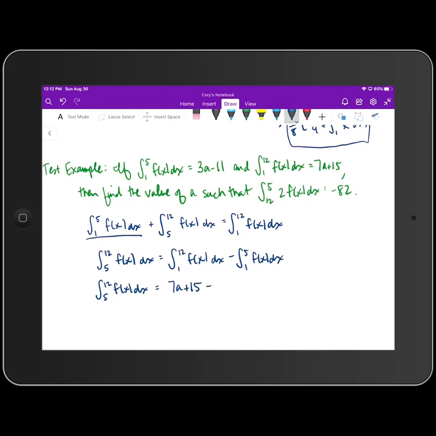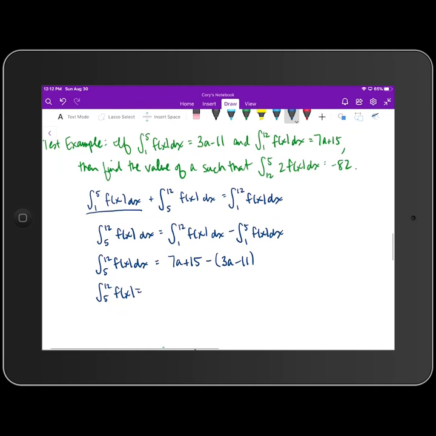Minus, we know the integral from 1 to 5 is the quantity 3a minus 11. So that's going to make the integral from 5 to 12 of f of x, when I subtract those two, we get 4a plus 26.